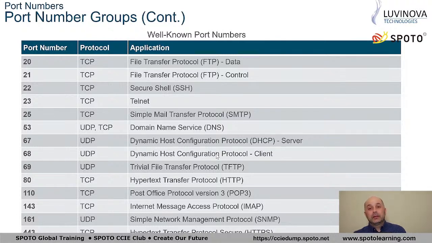It's HTTP. And 110, it's POP3. And 143 is the IMAP protocol. As you can see, those protocols are already predefined. What you have to do is just memorize around 30-40. They are the most used protocols ever.